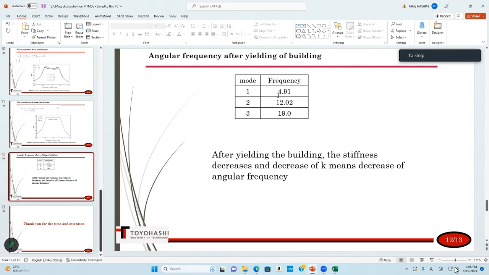So there has to be another TMD, one or two, to work when the building goes into yielding. So what is your suggestion?